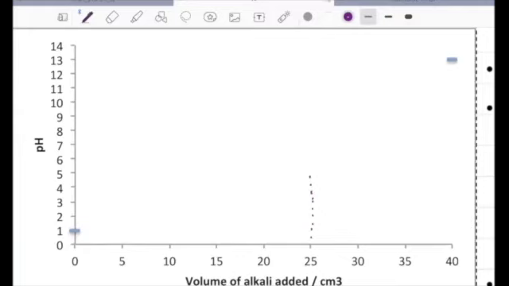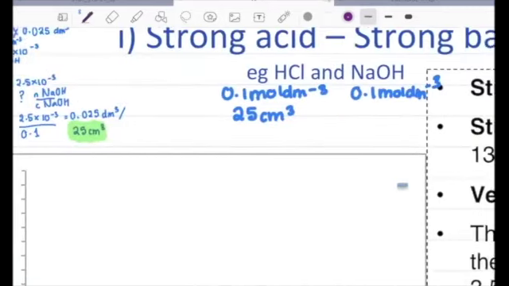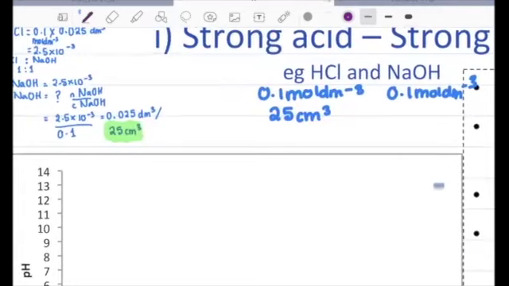Then if I go beyond that, I'm just adding sodium hydroxide into the conical flask. All my hydrogen ions have been reacted. So that means at the end, at excess volume, I am just measuring the pH of my sodium hydroxide, which is a strong base.